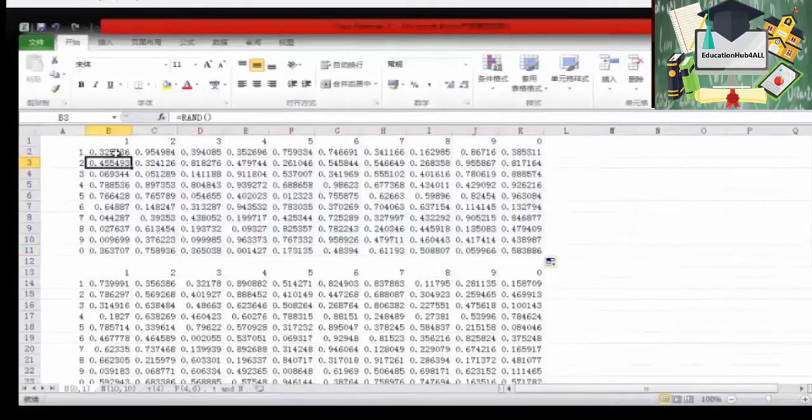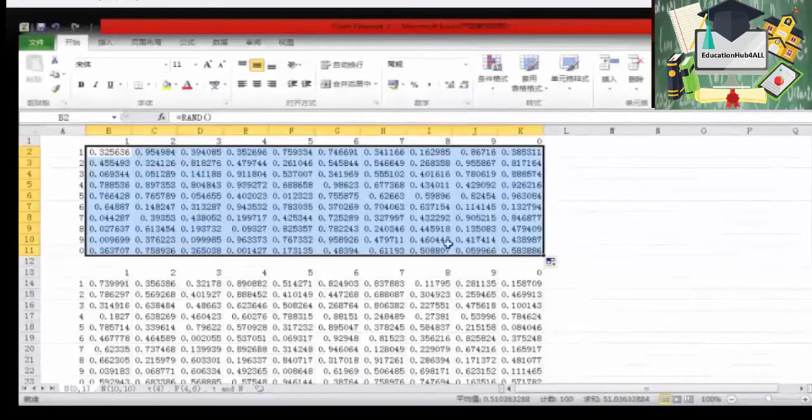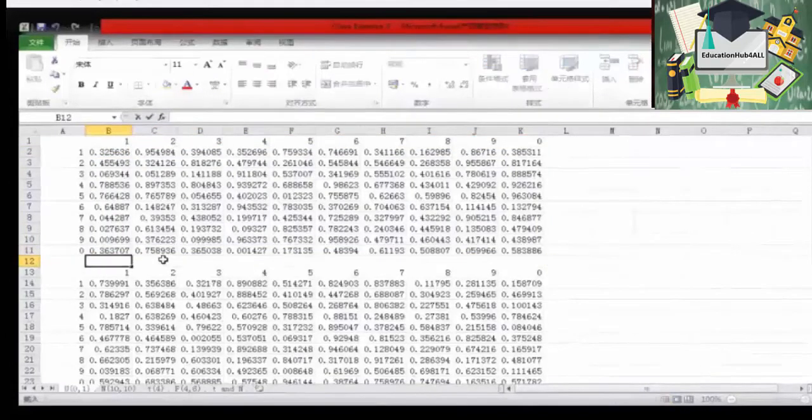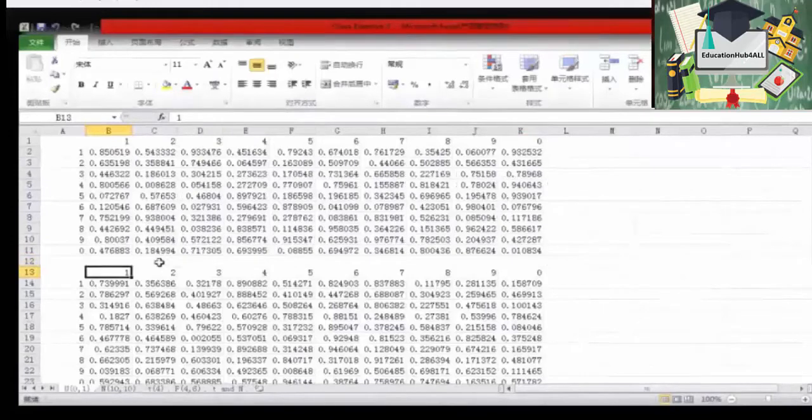So now this is a simulation. Let's say we make an experiment and immediately we have 100 observed data points. Basically in this Excel, if you change anything anywhere, the random numbers also change.